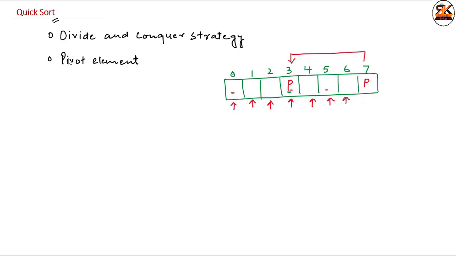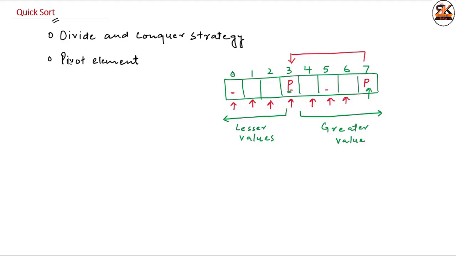Fine, and this 3 is the appropriate position for this pivot element after the first iteration, which means that the elements to the left of this pivot element have lesser values, meaning values less than this pivot element, and the elements to the right of this pivot element have greater values.